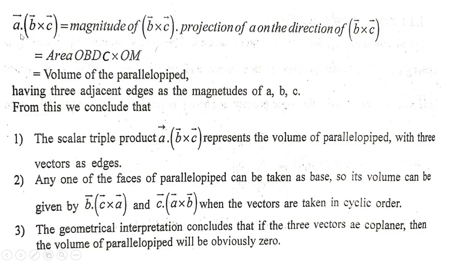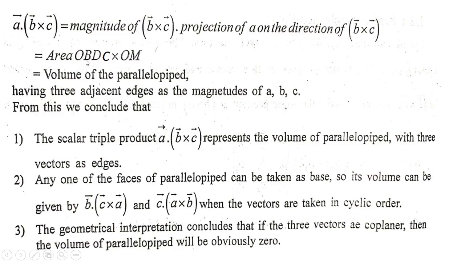So A bar dot B bar cross C bar equals the magnitude of B bar cross C bar into the projection of A on the direction of B bar cross C bar.